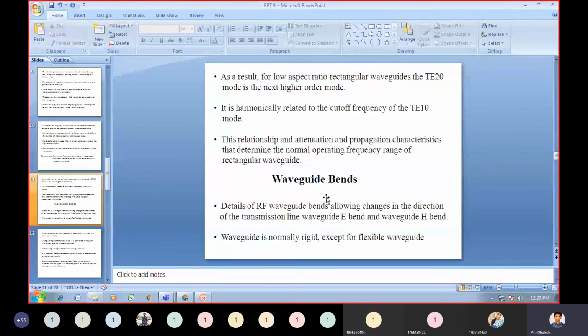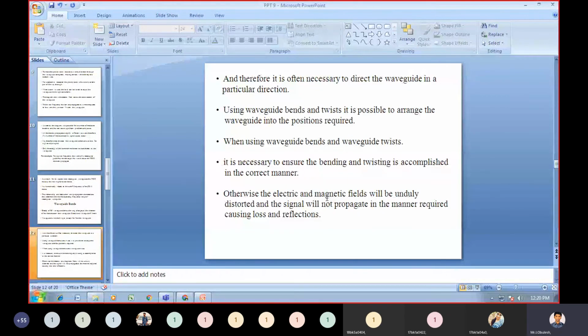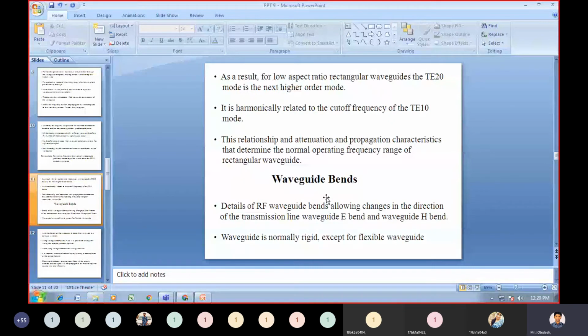Next is the waveguide bends. We have four waveguide bends: waveguide E bend, waveguide H bend, waveguide sharp E bend, and waveguide sharp H bend. From this, what we need to find out is the bends of the waveguides.